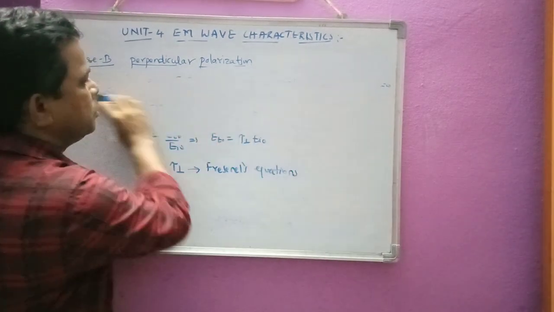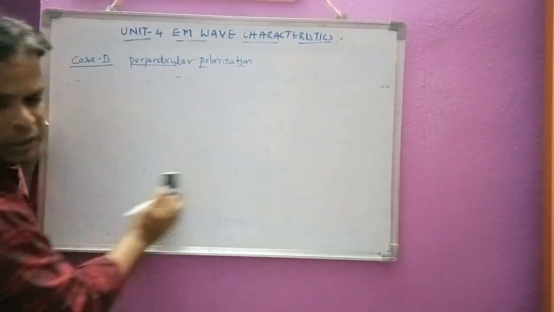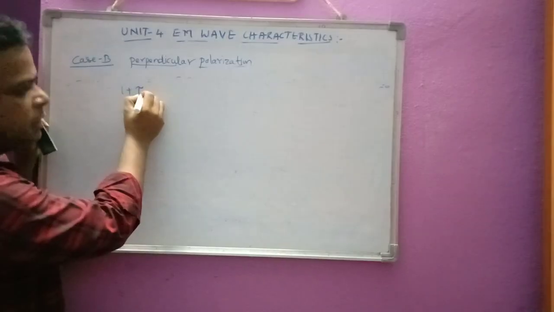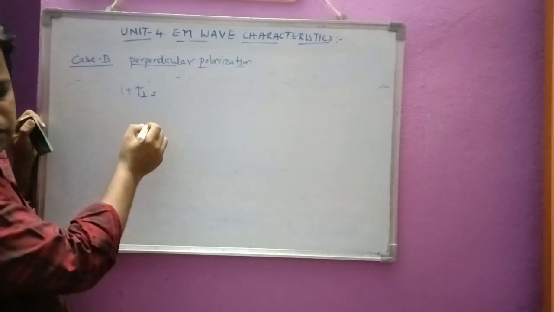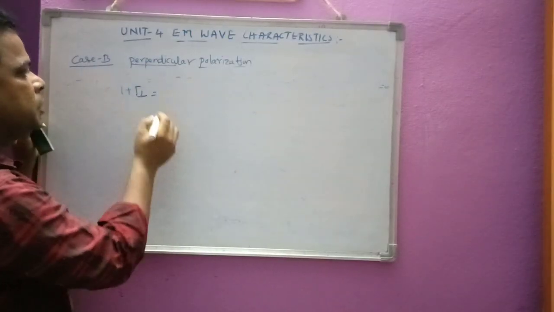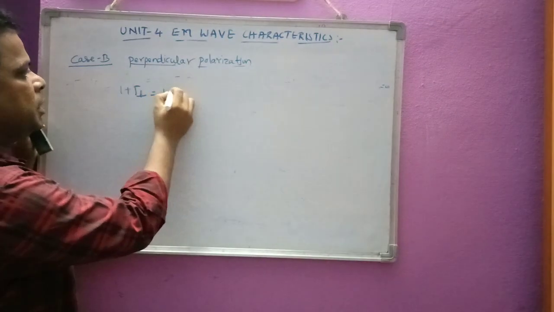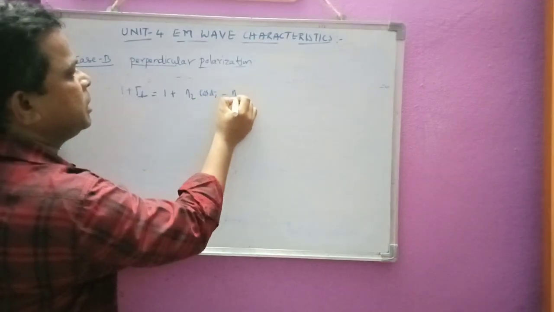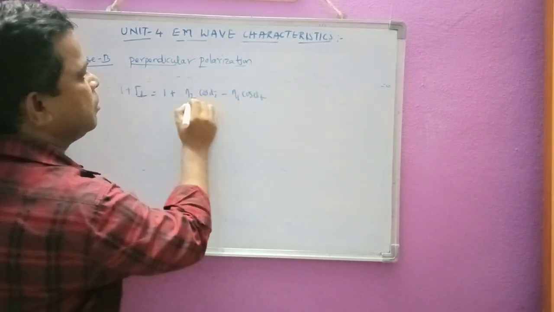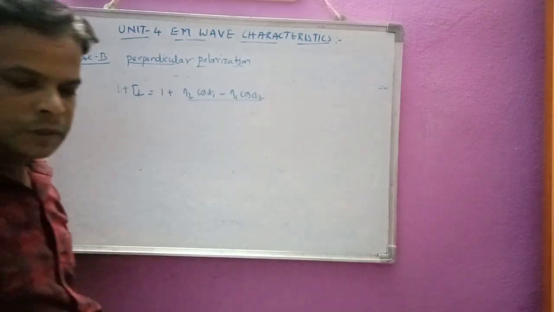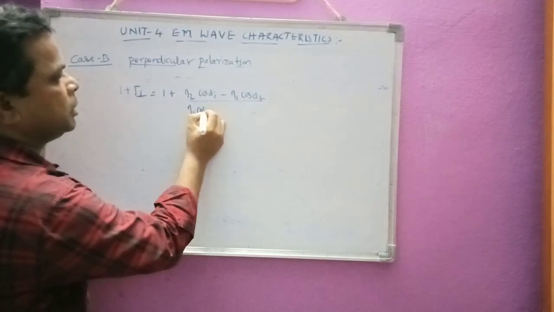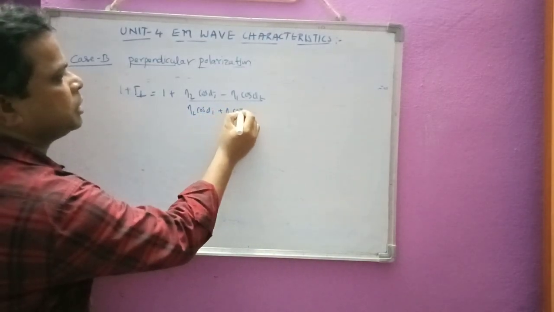As we have proved in the earlier class for parallel polarization, we will try to prove here also. Let us see what the equation becomes: 1 plus gamma perpendicular is equal to 1 plus eta2 cos theta I minus eta1 cos theta t by eta2 cos theta I plus eta1 cos theta t.